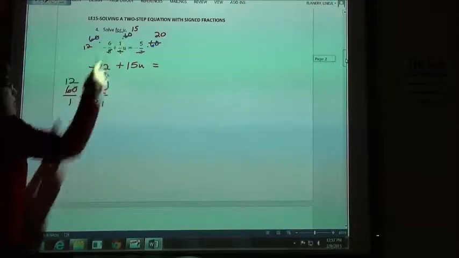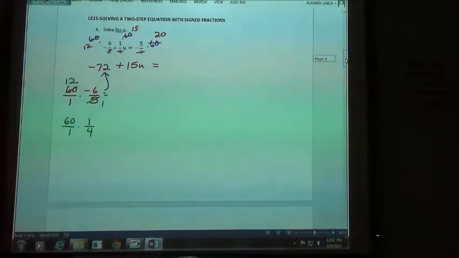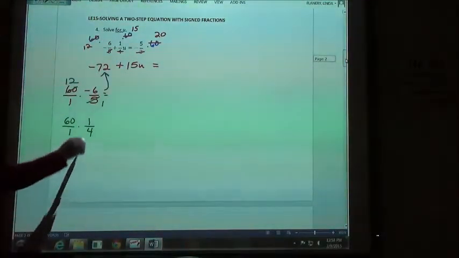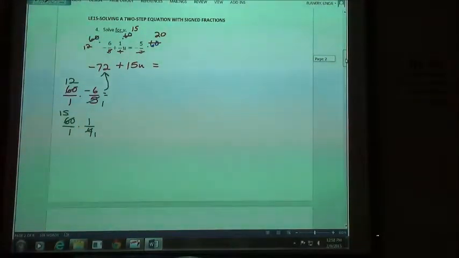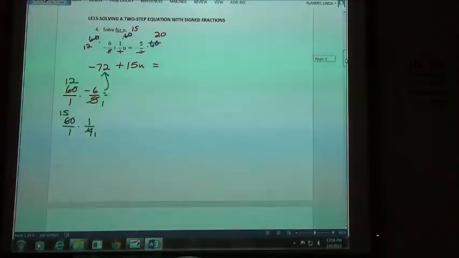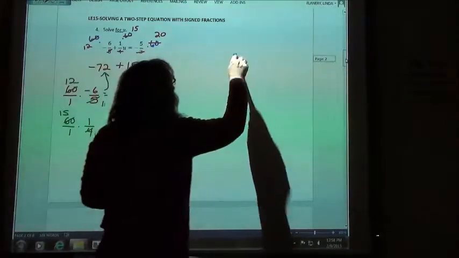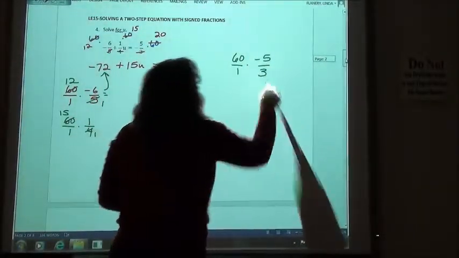Then I did the next one. I took 60 over 1 times 1 over 4. Four went into here once and into here 15 times. And that's where I got that 15 from. So what we're doing over here is 60 over 1 times negative 5/3.